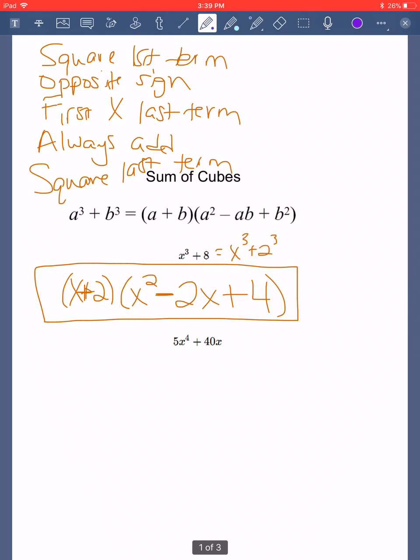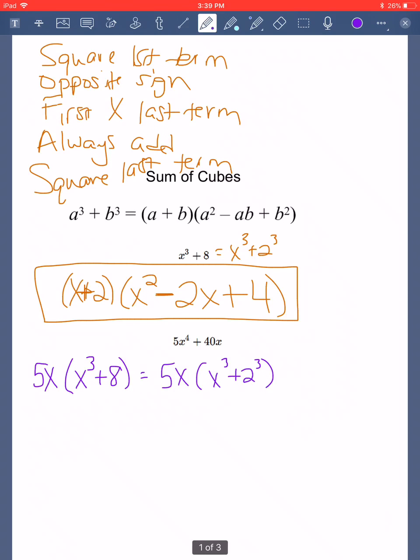Now, what I can do instead, though, is factor out a 5x out of both terms. 5 goes into 5 and 40, and x goes into x to the 4th and x. So I'm factoring out a 5x, and that turns this into 5x times x cubed plus 8, which can now be rewritten as 5x times x cubed plus 2 cubed.